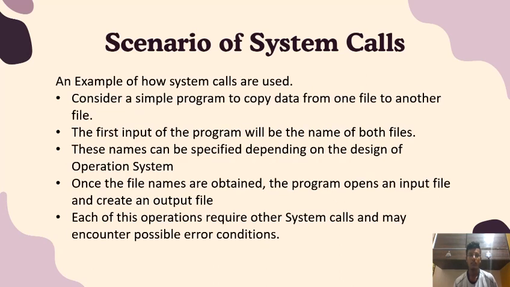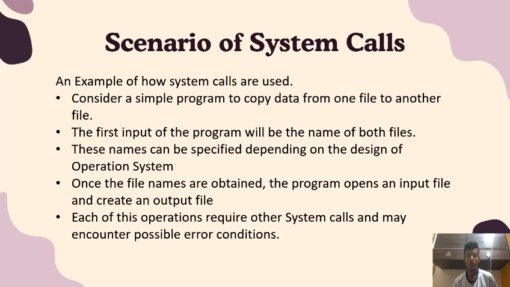Next we discuss the scenario of system calls, taking an example of how system calls are used. Consider a simple program to copy data from one file to another file. In the first input of the program, we name both files, and the name can depend on the design of the operating system.